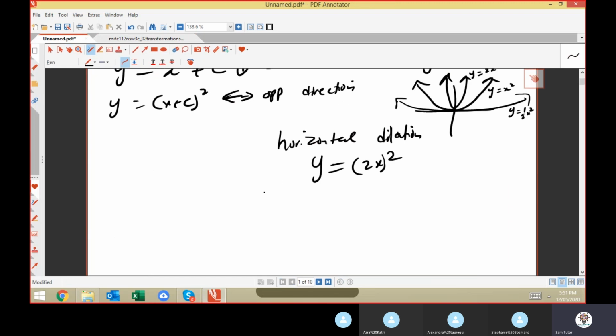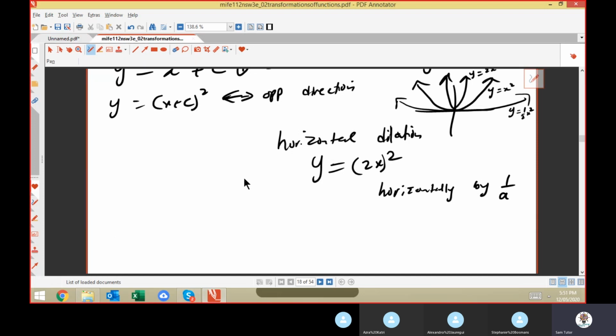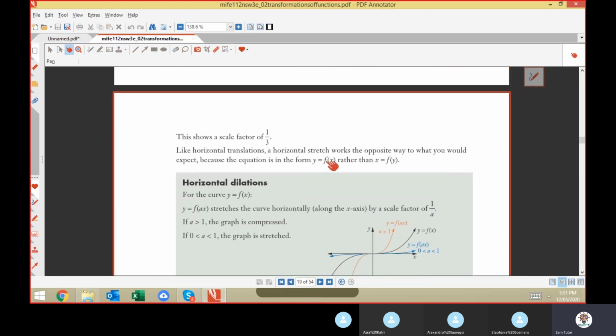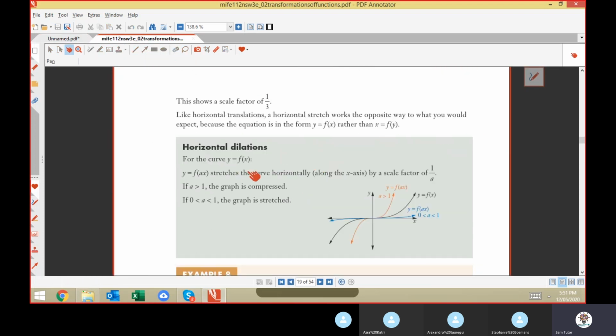So with your horizontal dilations, horizontally by 1 on a. So if you've got y equals f of x, there it is, the black curve.